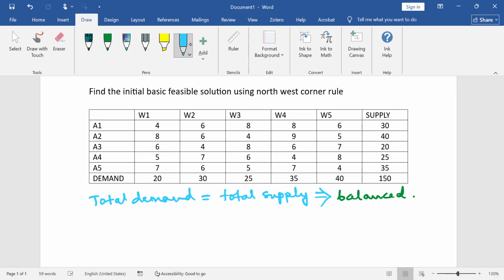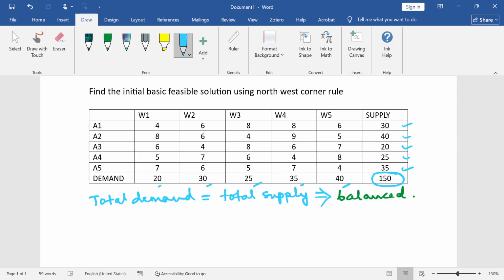So right now what we see is that the total demand is 150 and so is the total supply. You can just add these values and see that they come out to be 150. Likewise, you can add these values and see that they also come out to be 150. Right, so 70 plus 20, 90, and 25 plus 35, that is 60.